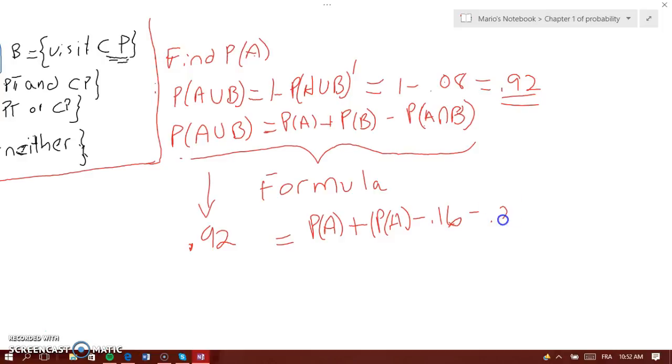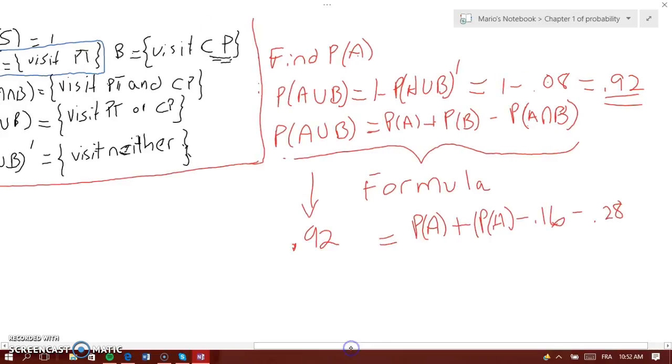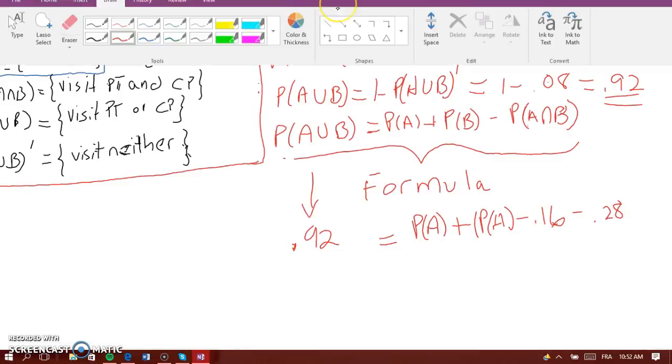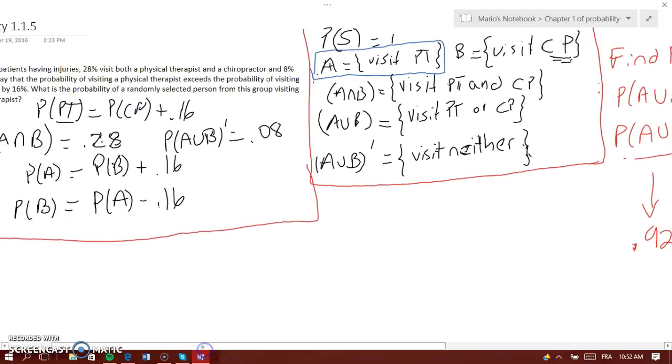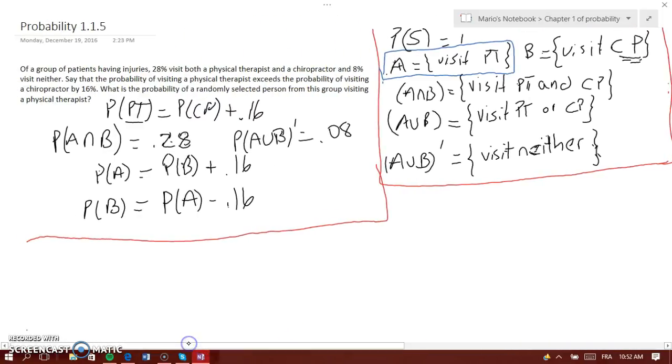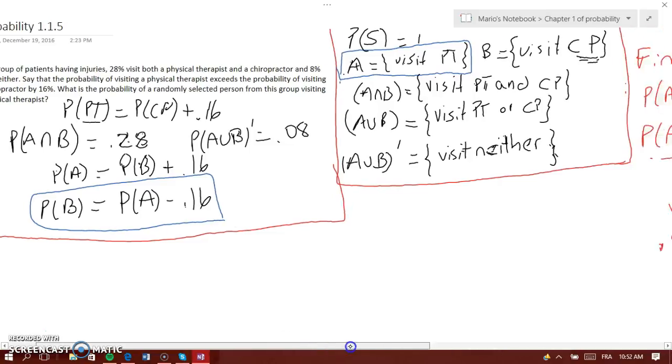Now, I'm going to put this in blue. This right here is PB. Because remember, I wrote PB here. So instead of using PB, I use the equal of PB, which is PA minus 0.16.